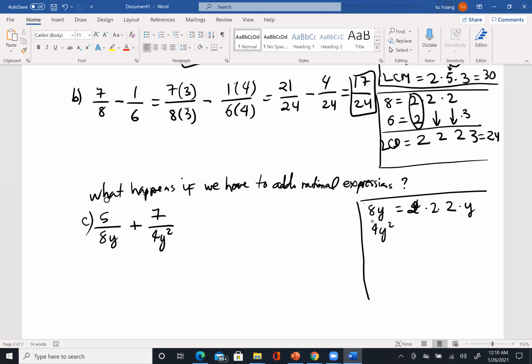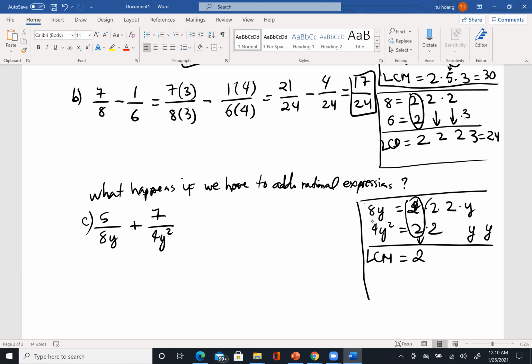And then the second one will be 2 times 2 is 4, times y, and then times another y. Now the LCM or LCD will be what? Equal to the common factors. The common factor will be the number 2.